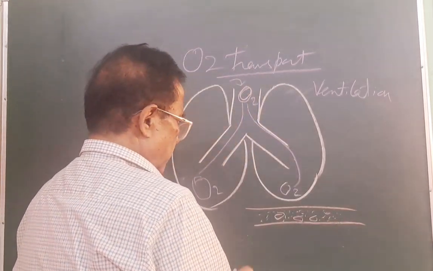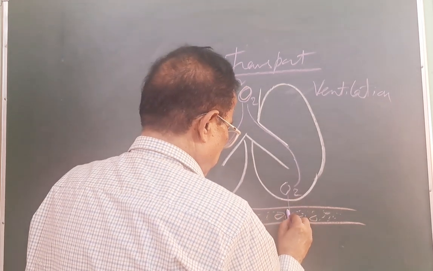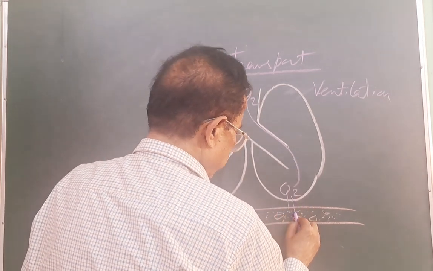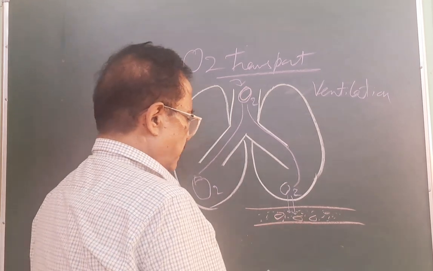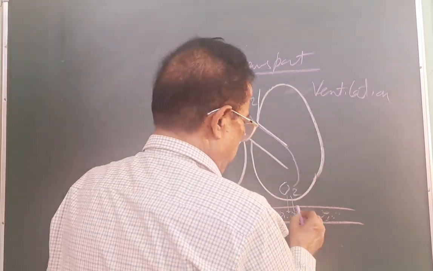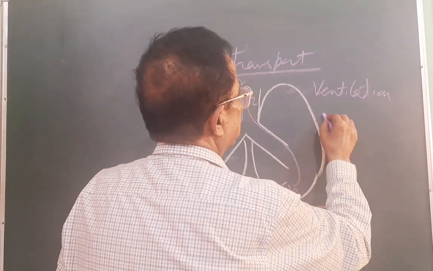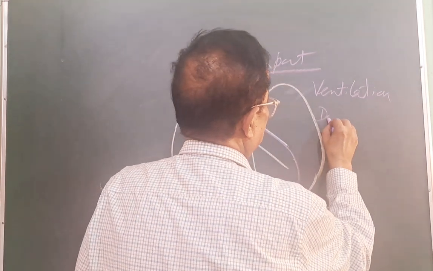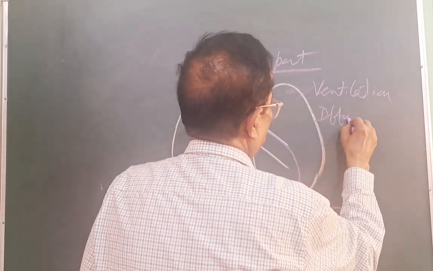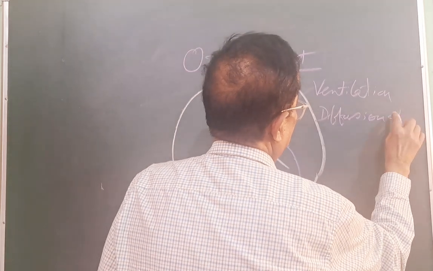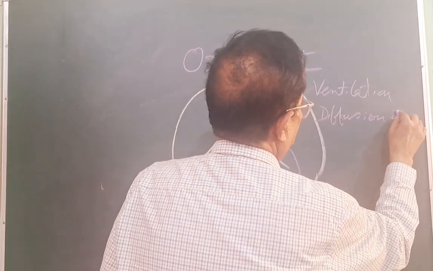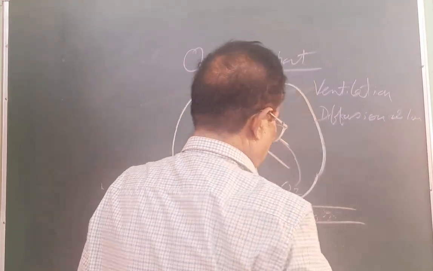This oxygen will diffuse rapidly into the bloodstream. The second phase is diffusion in the lung.